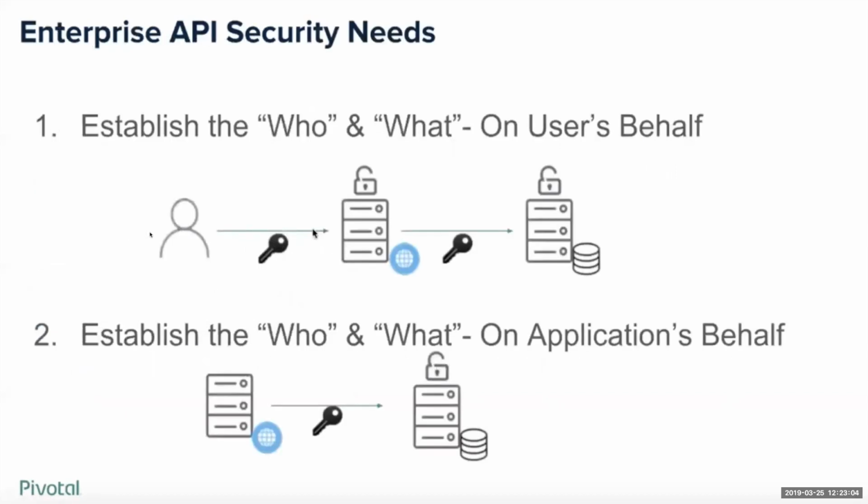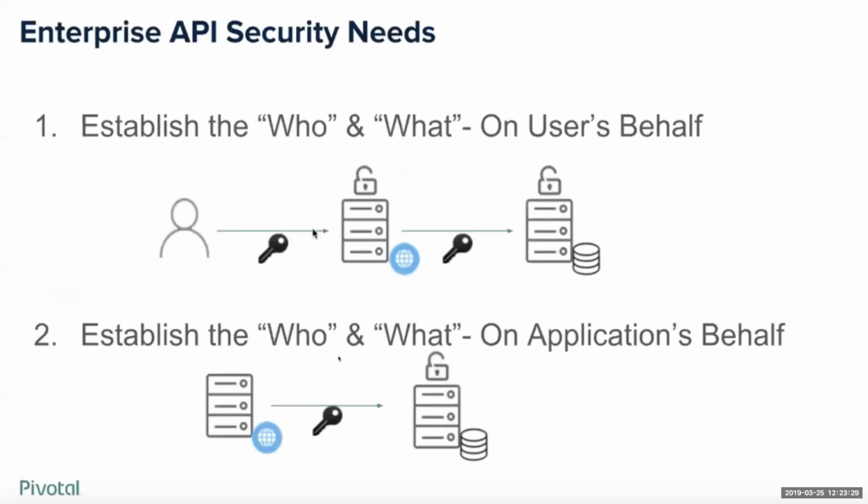So that's from a user point of view. There are two use cases here. Typically, you're trying to establish who and what on users' behalf. That's what I spoke about earlier. But then your applications also need to talk to each other. So you need to be able to establish this who and what on applications' behalf as well.